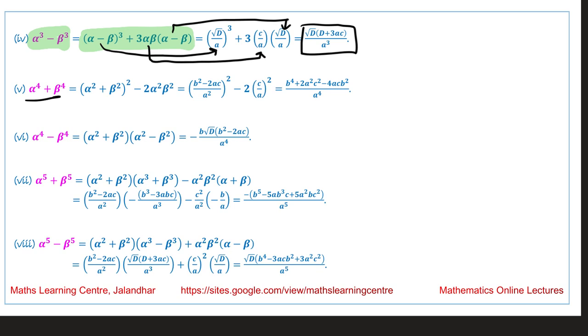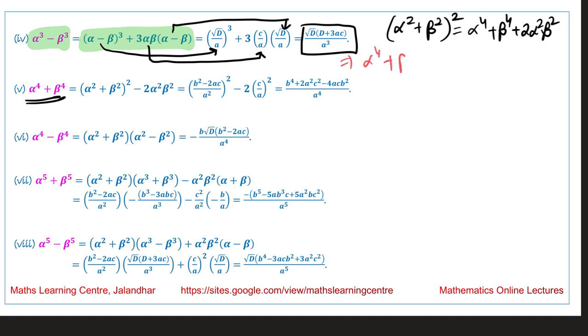Next we have to calculate the value of alpha raised to the power 4 plus beta raised to the power 4. We are using the formula that alpha square plus beta square whole square is equal to alpha raised to the power 4 plus beta raised to the power 4 plus 2 alpha square beta square. So this implies that alpha raised to the power 4 plus beta raised to the power 4 is equal to alpha square plus beta square whole square minus 2 alpha square beta square.